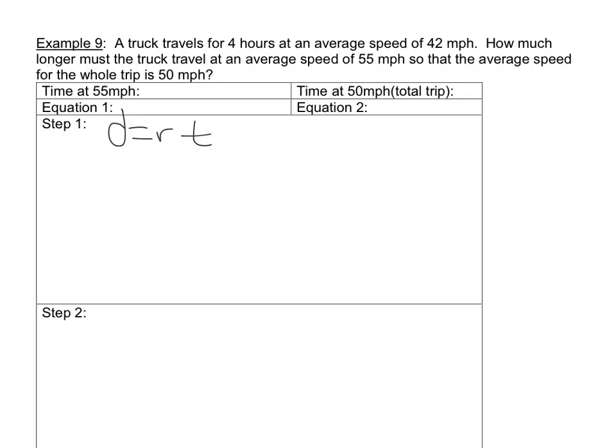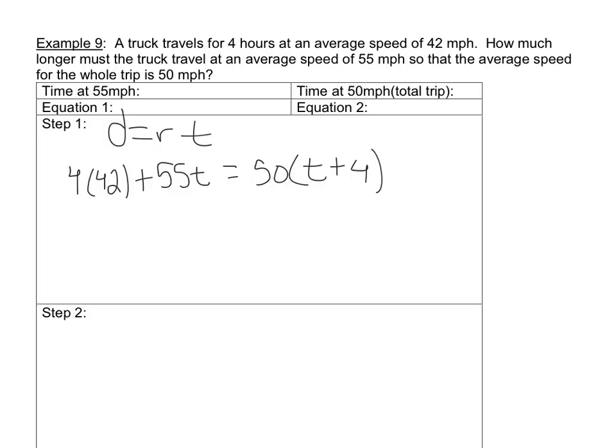So we know distance-wise he did 4 hours at 42 miles per hour, plus he's going to be going 55 miles per hour for X amount of time. So we'll call that T. And that's going to equal the 50 miles per hour times T plus 4, because that's what you would average.